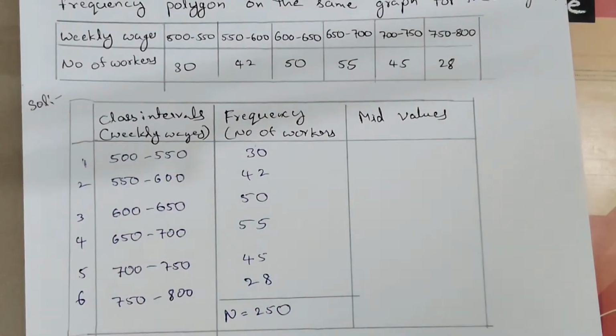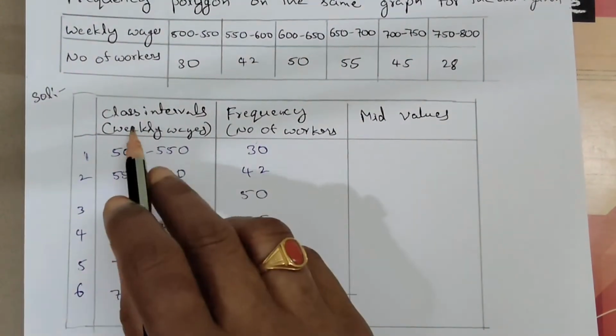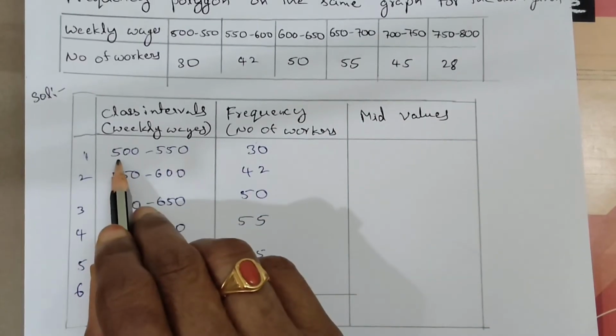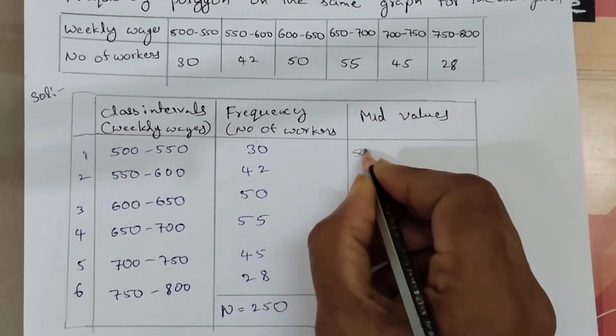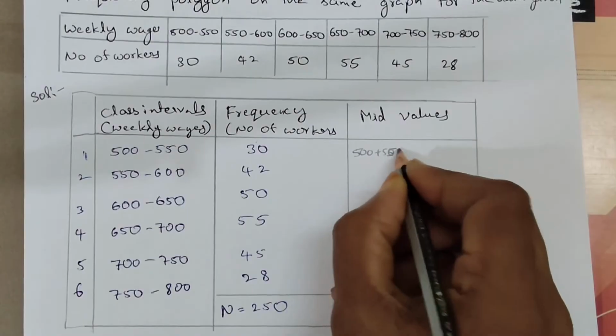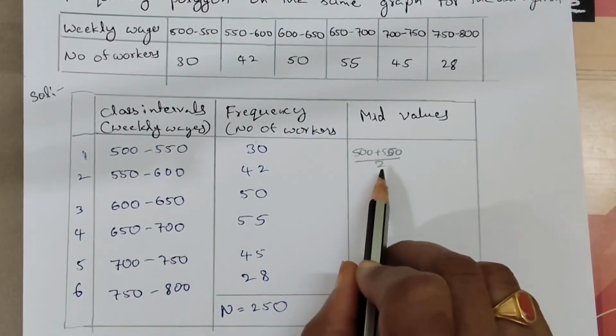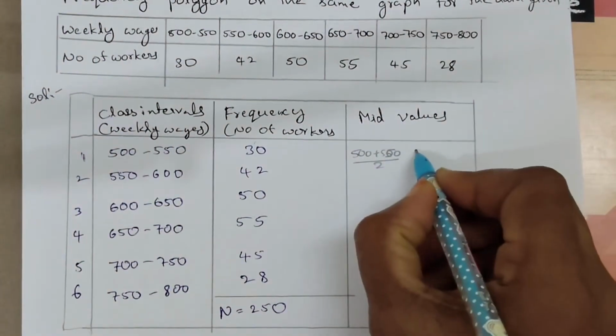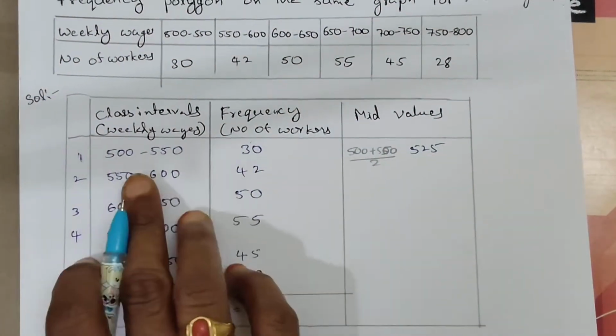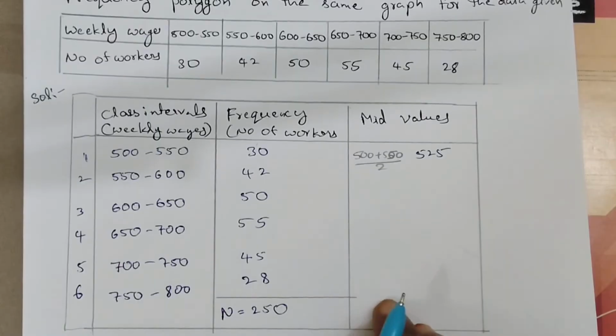Now we write the midpoint. Midpoint is the midpoint of the class interval. The first one is 500 plus 550 by 2. 500 plus 550 is 1050, by 2 is equal to 525. 525 is the midpoint of this class interval. By the same method we write all the remaining numbers.